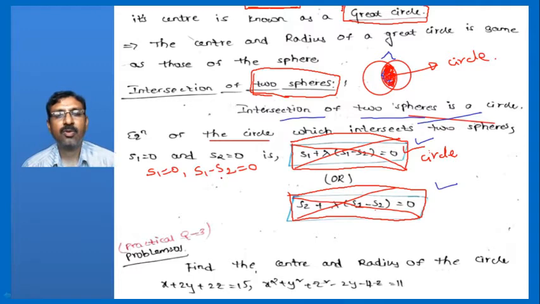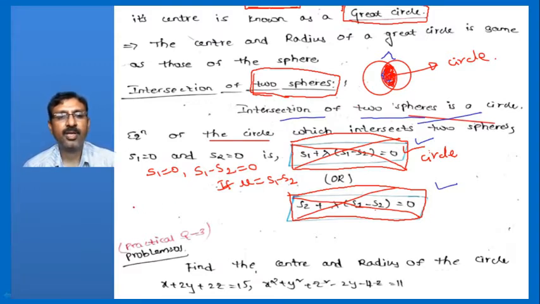Actually S1 minus S2 is a plane, this represents a plane passing through the circle generated by two spheres.